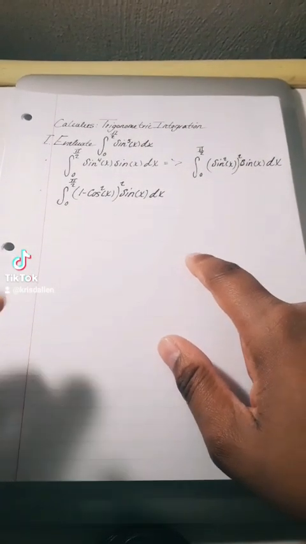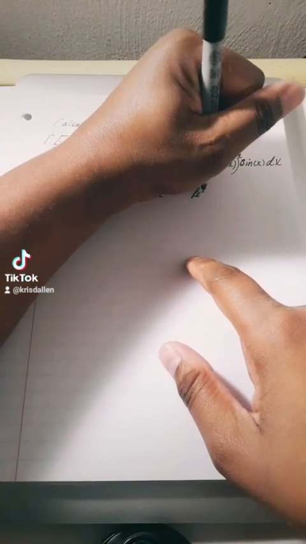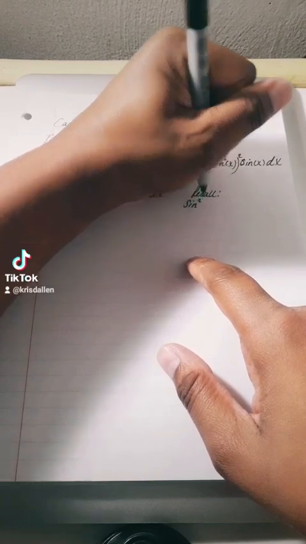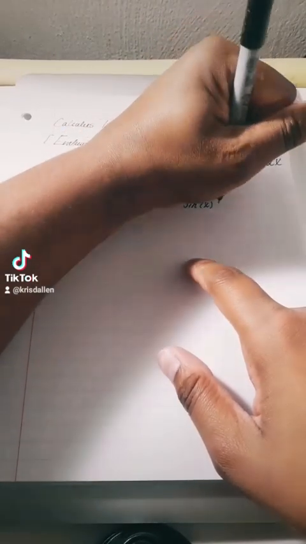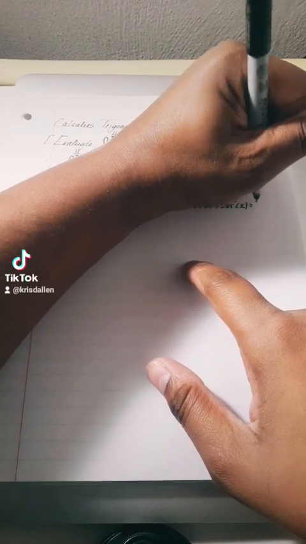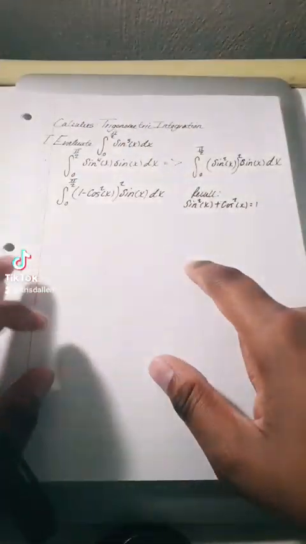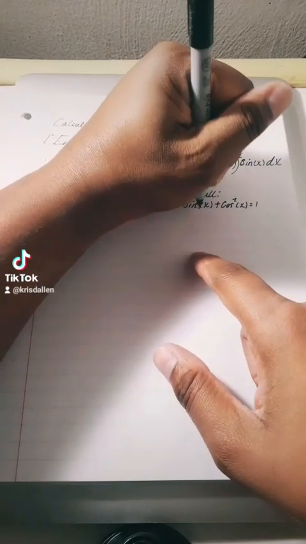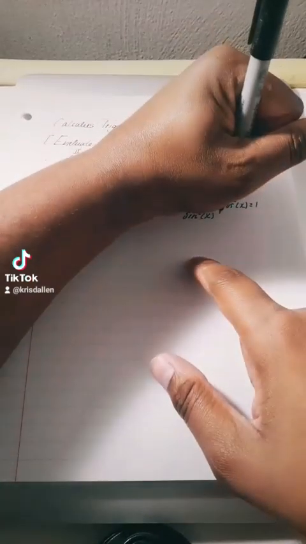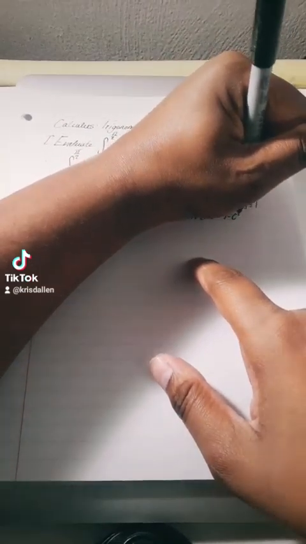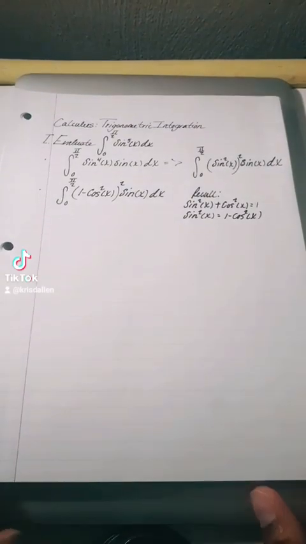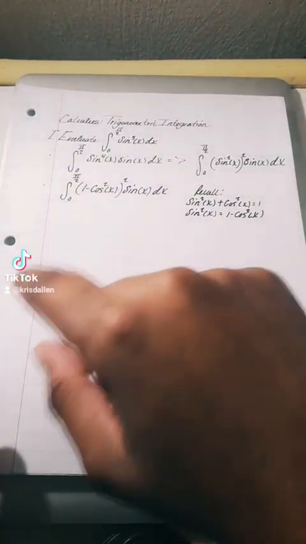So all I did is use the following identity: sine squared of x plus cosine squared of x is equal to 1. If I solve this equation for sine squared of x, I'll get sine squared of x is equal to 1 minus cosine squared of x. So if you're wondering where that came from, that's where it came from.